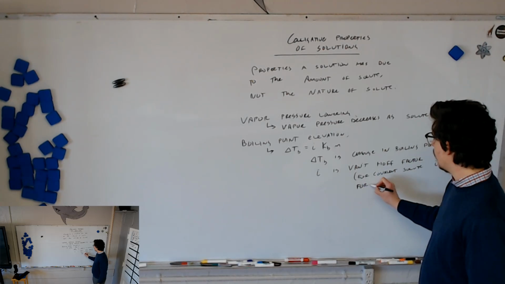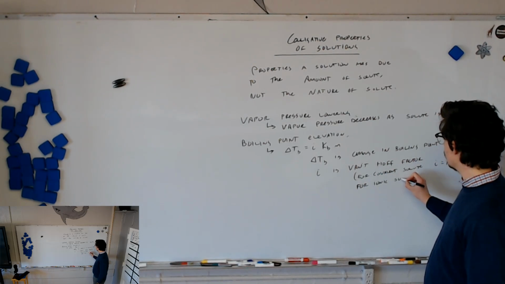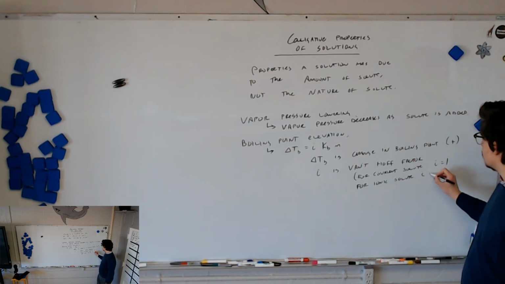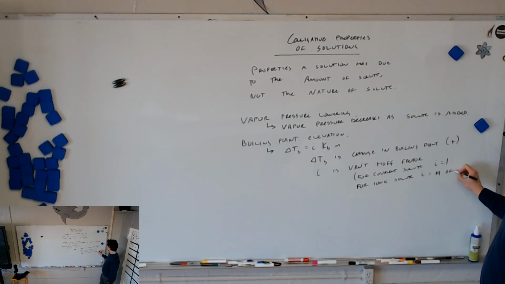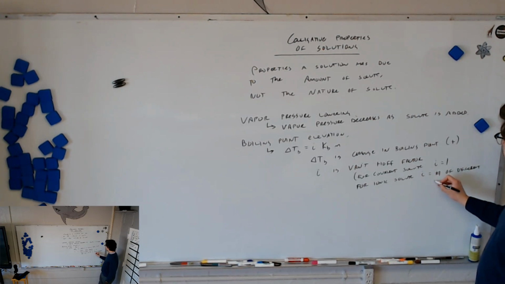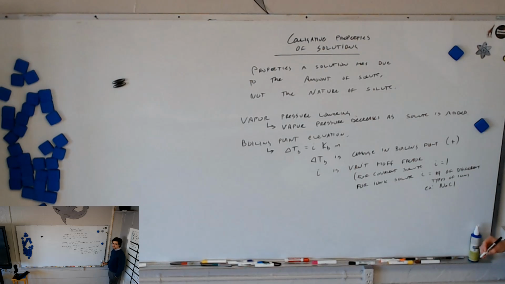For an ionic solute, i is equal to the number of different types of ions. So for example, sodium chloride, how many different types of ions are there in sodium chloride? 2, sodium and chlorine.